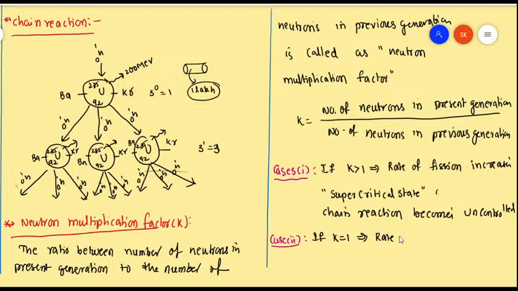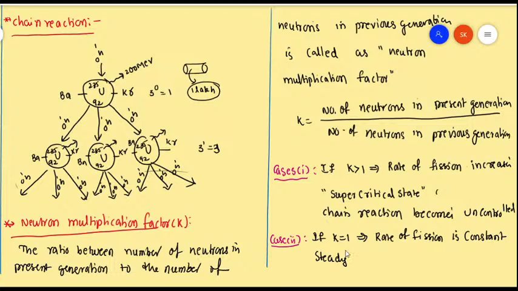Rate of fission means the number of splittings, the number of neutrons. The rate of fission becomes constant. If the rate of fission is constant, then we say it is a steady rate. A steady chain reaction occurs here, at a steady rate.